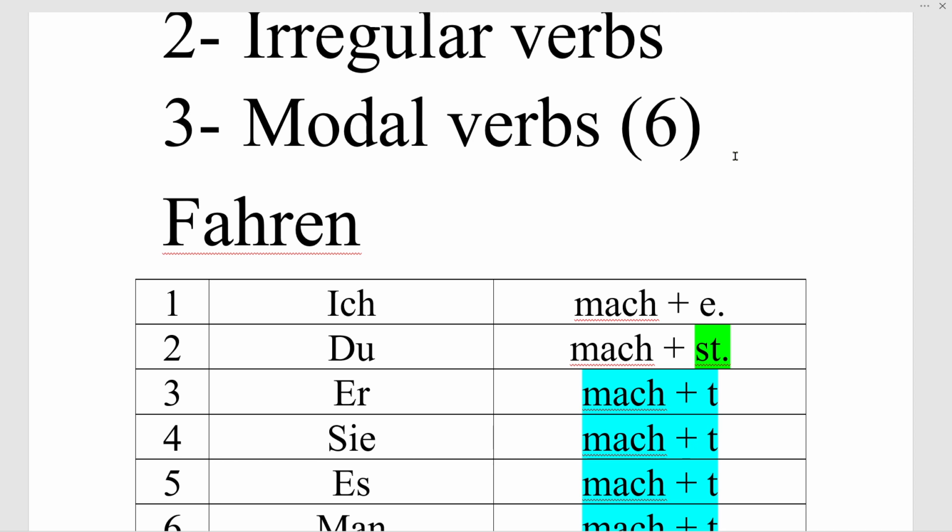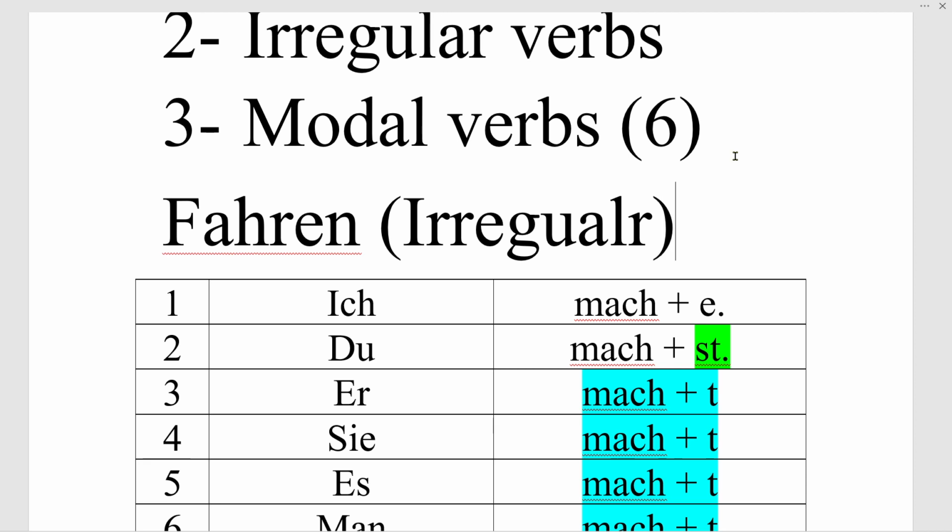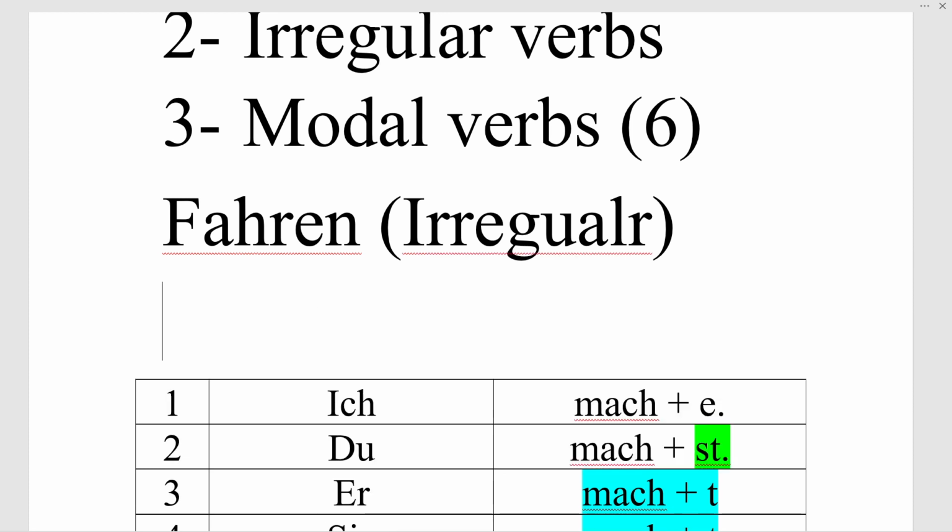But if a verb like fahren is irregular, there is something to know about, and this is really, really important. Fahren, which is an irregular verb, has a different conjugation than machen, which we did in the previous lesson.